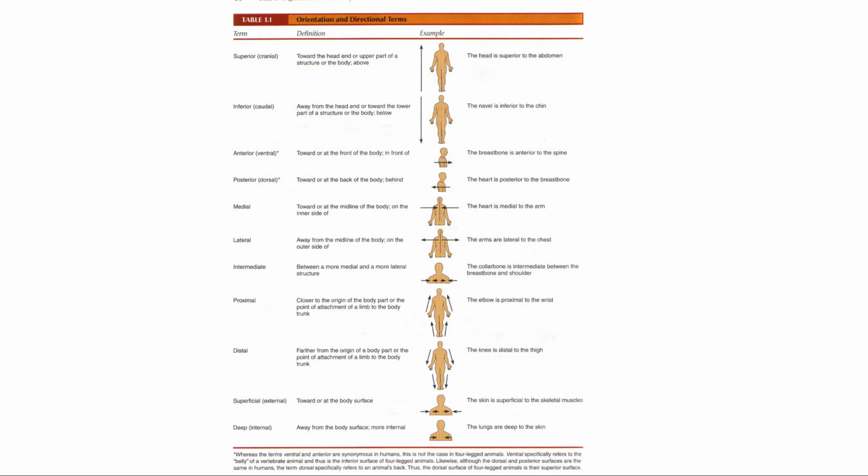Standing in front of you, palms facing you. Now, whether they're face down on a gurney, face up, sitting backwards, facing away from you, facing towards you, these terms apply always in anatomical position.